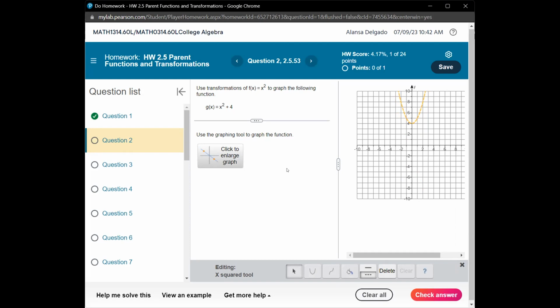Yeah. But why is it a parabola? If it's x squared and there's no higher power, it's going to be a parabola.